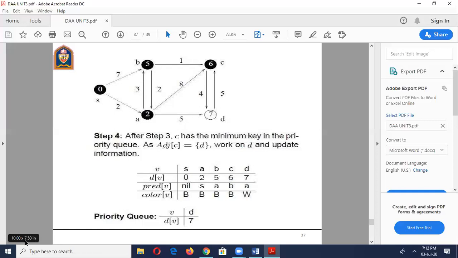The value of D is not changed, we have given the same value 7 to D. The pre-order for A is S, B is A, C is B, and D is A, because we have already taken adjacent for A, B, and C. So the color will be black for all except D. In the priority queue, we will just note D and 7. Next slide, sir.